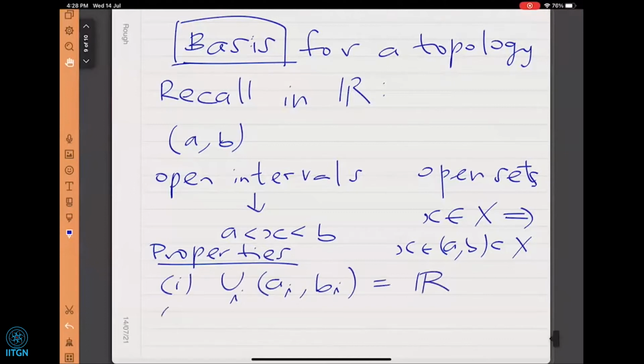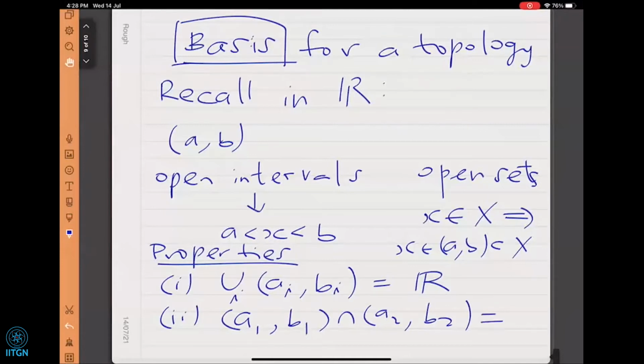So that's one property. The second is that if I intersect two open intervals, (a1, b1) intersection (a2, b2), you can think about this. The result is either one open interval, if they are overlapping or one is contained in the other, or if they are disjoint, then I have the union of two open intervals.